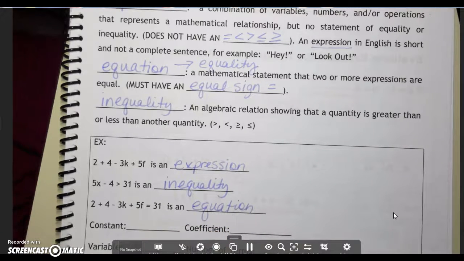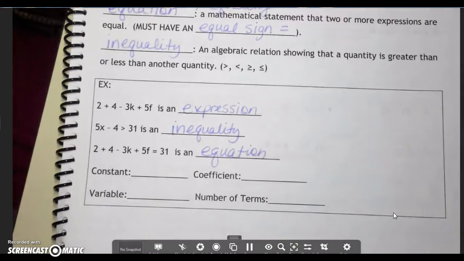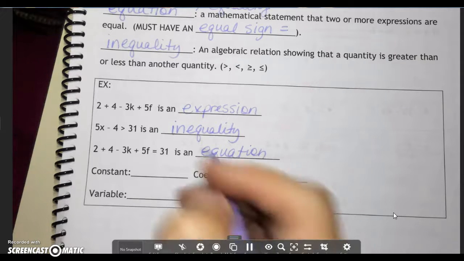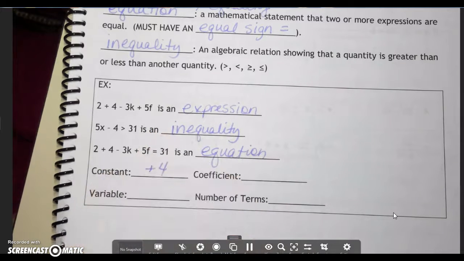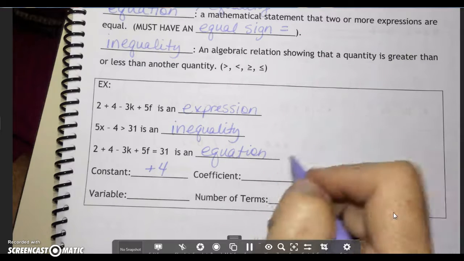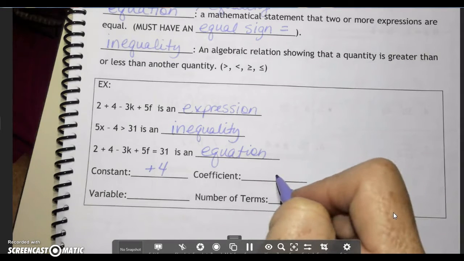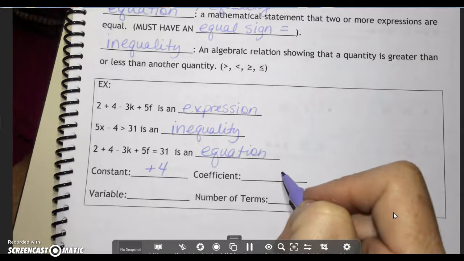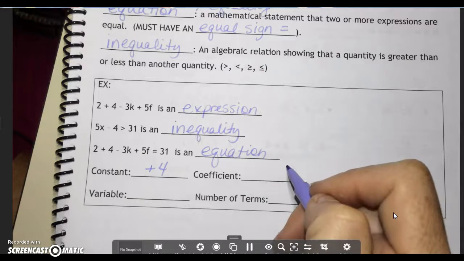Okay, so Eleni, give me an example of a constant. 4, right? Perfect. Courtney, give me an example of a coefficient. Pick a number, pick a variable, basically.